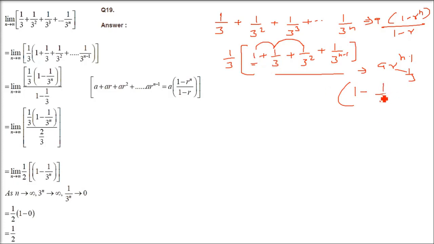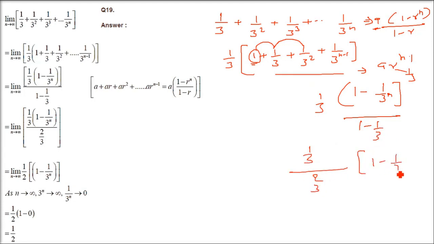So we have 1 minus 1 by 3 to the power n by 1 minus 1 by 3. Now 1 by 3 is already outside, so 1 by 3, and this 1 minus 1 by 3 is 3 minus 1 by 3, that is 2 by 3.